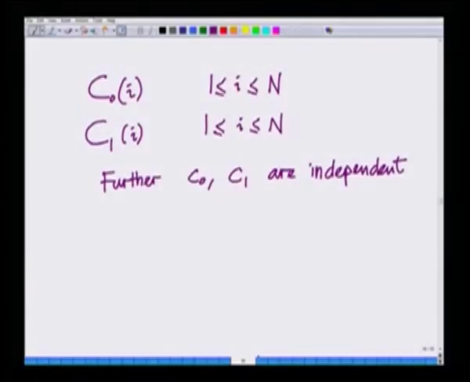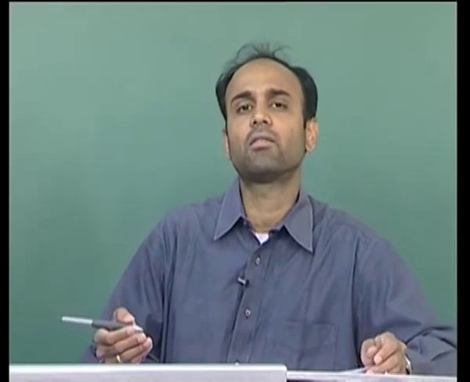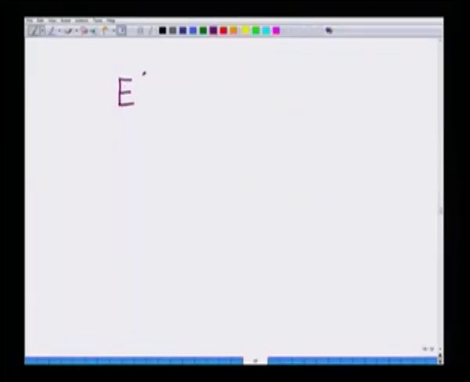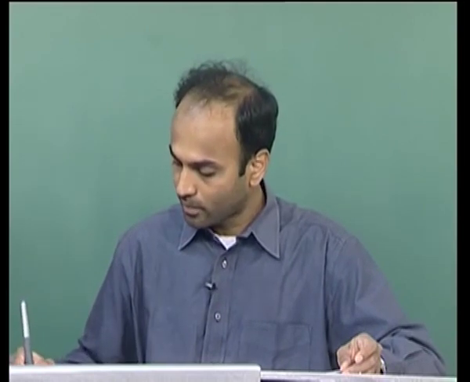Alright. Now, let us look first at some properties. Let us start with a very basic property. Let us say I take any single chip of any sequence, let us say I take a chip of C0. What is the expected value of a chip of a sequence? Let us say I take the expected value of C0i, some ith chip.